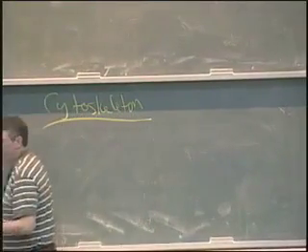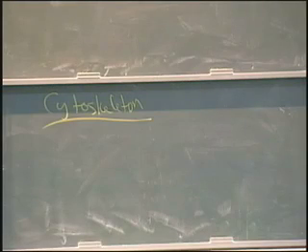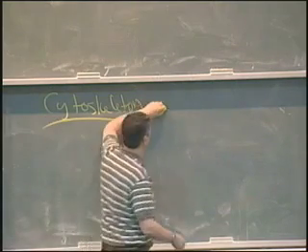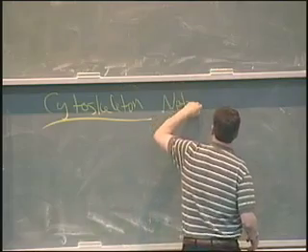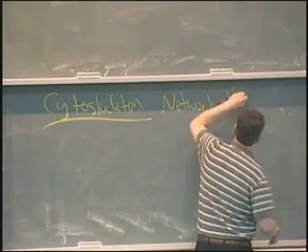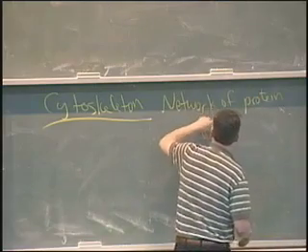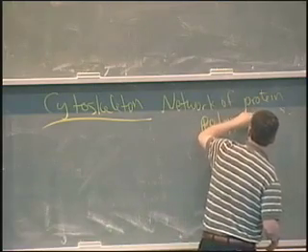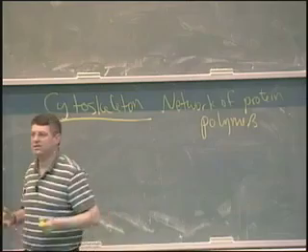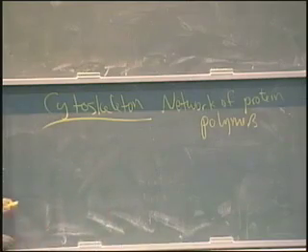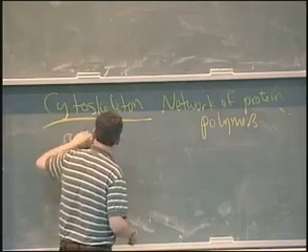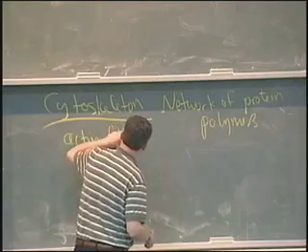Okay, so what is the cytoskeleton? The cytoskeleton is a network of protein polymers that are found in the cytoplasm of cells. Okay, and this includes actin filaments, which we'll talk about first in the class.